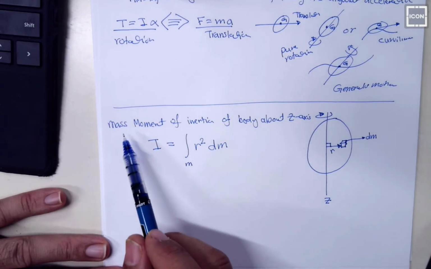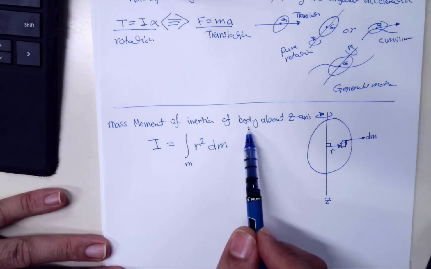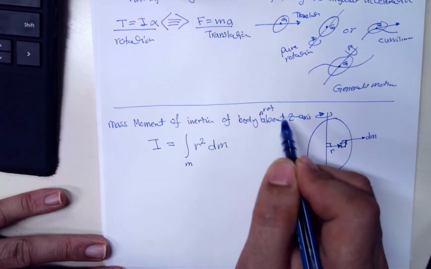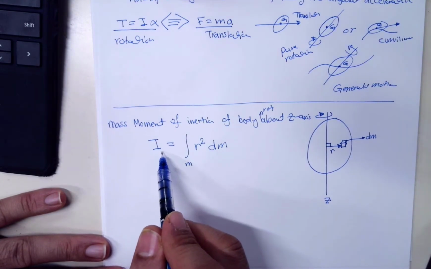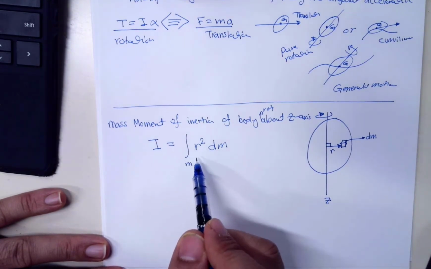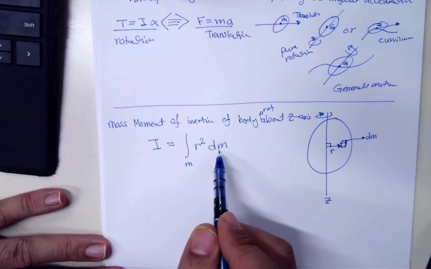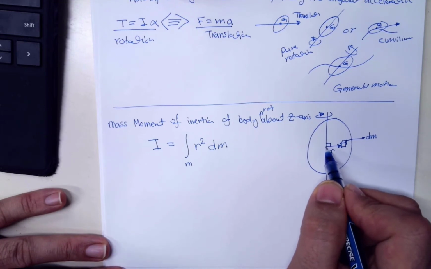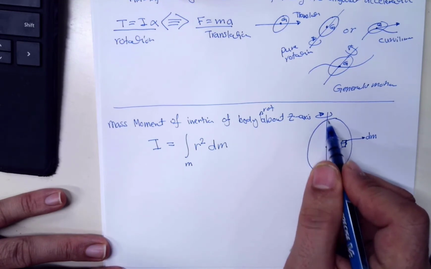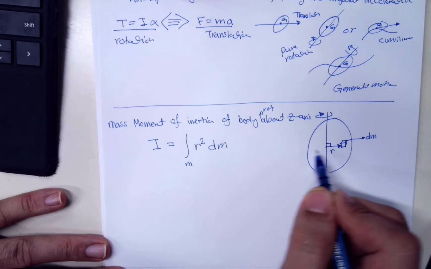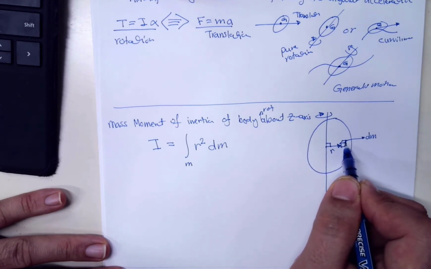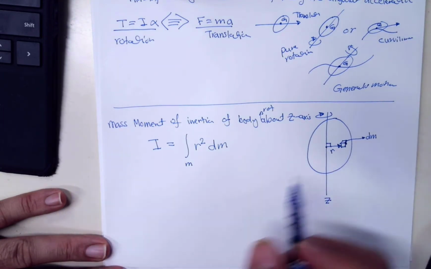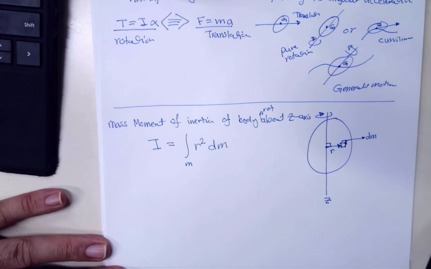Now the mass moment of inertia of a body rotating about an axis is equal to the integral of r squared dm, or the integration with respect to the mass, where r is the perpendicular distance between a mass fragment dm and the axis.